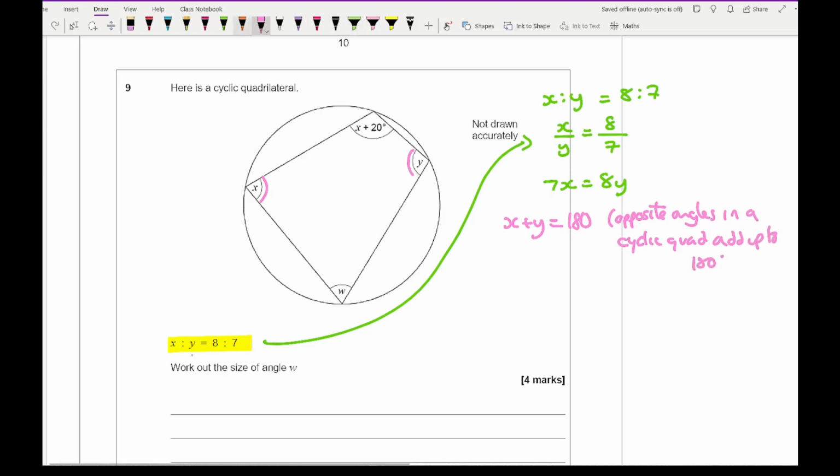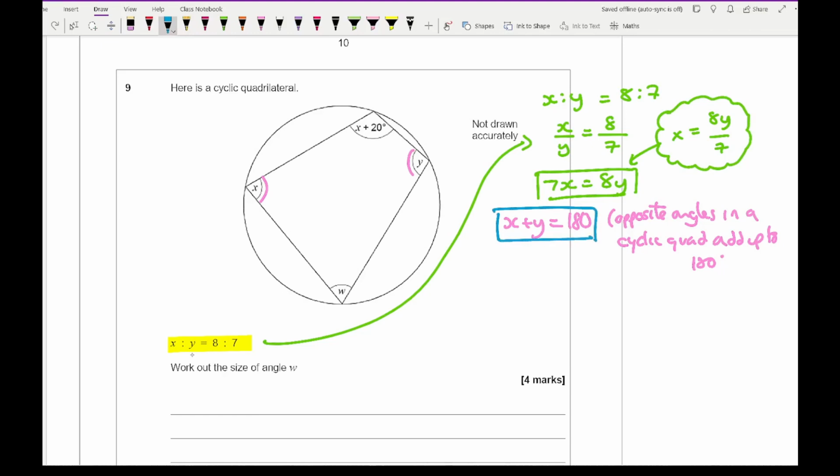So now if I take this equation here and I make x the subject, so basically x equals 8y over 7. Let me just put a little bubble around that. If I sub x equals 8y over 7 into this, then what I get is 8y over 7 plus y equals 180.